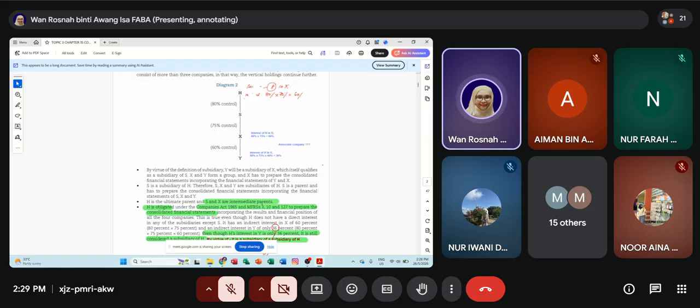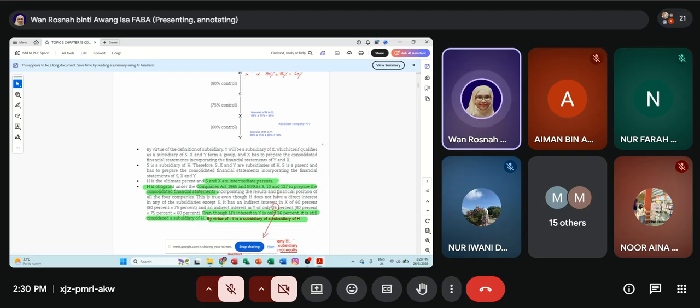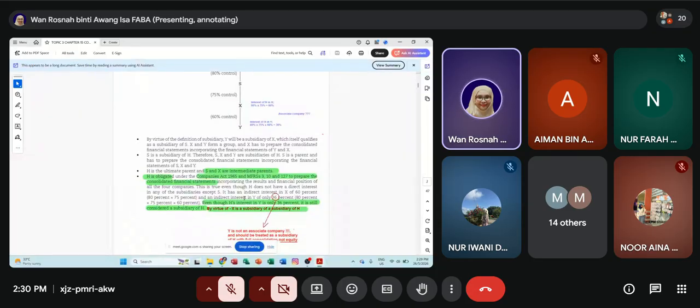According to the Companies Act 1965, MFRS 3, 10, and 127, each ultimate parent needs to prepare the consolidated financial statement, which consists of the financial position of all four companies, even though H does not have a direct interest in any subsidiaries except S. But it still needs to prepare the consolidated financial statement.